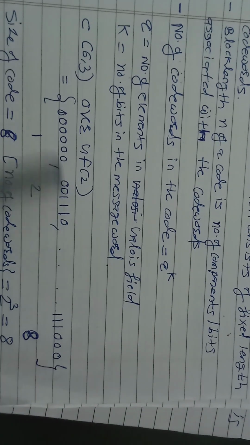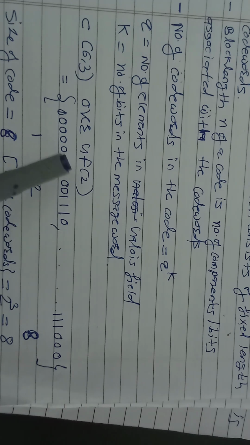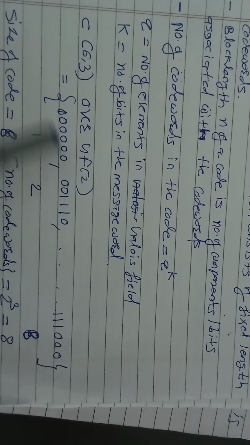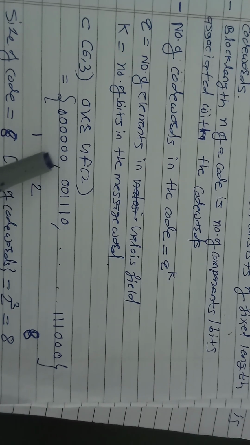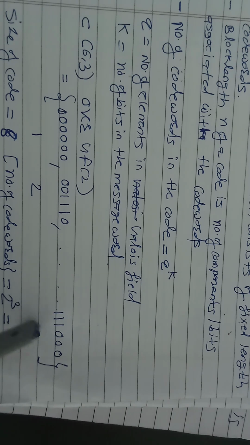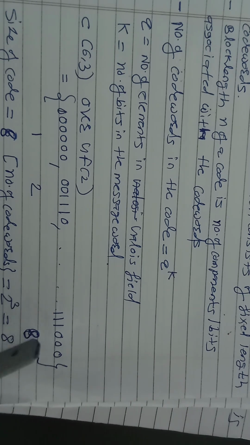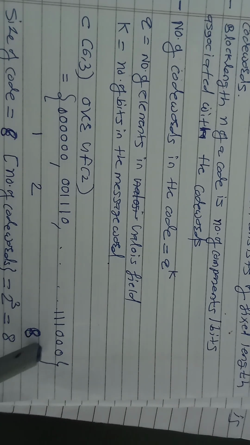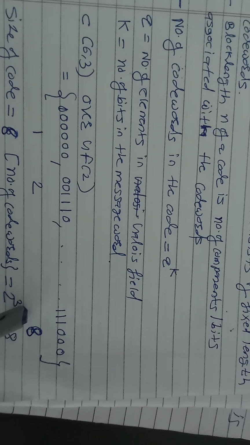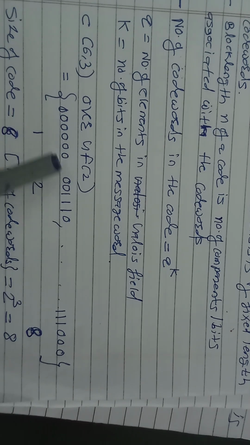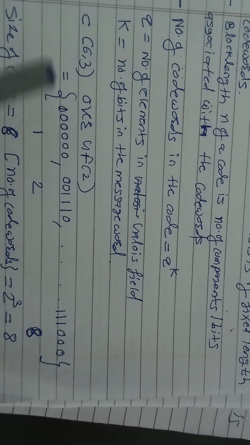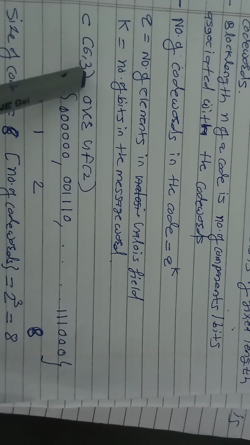Okay, so how many code words are there? This is a group of code words, so let us see how many code words can be there in that code. Here there are 8 code words. How is that calculated? This is a group of 8 code words of length 6, and that is calculated by 2 raised to 3.